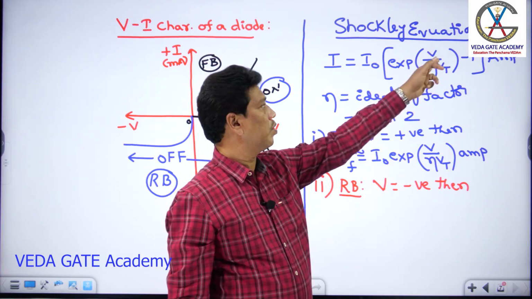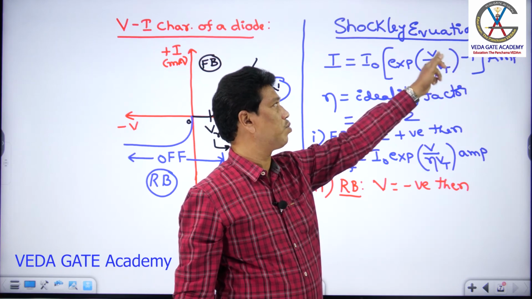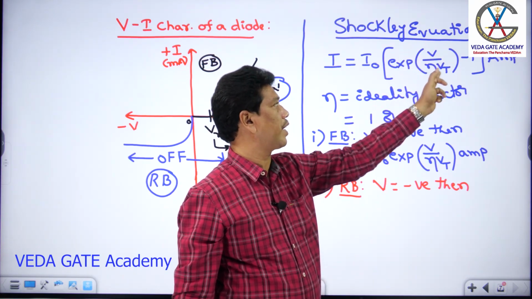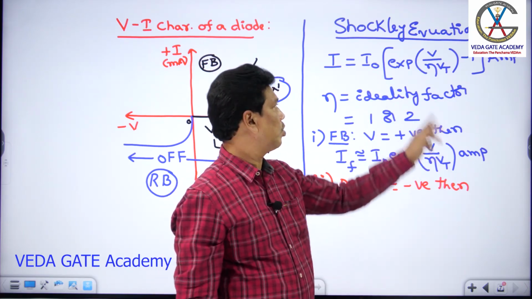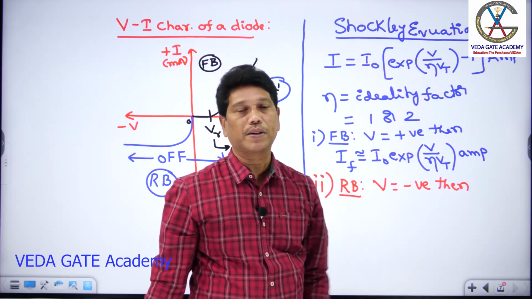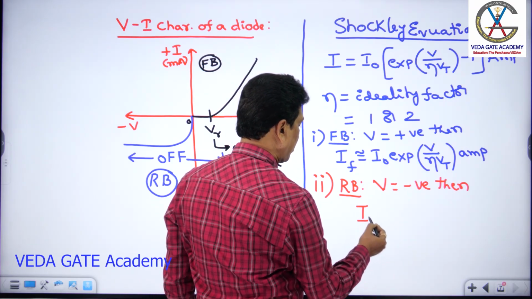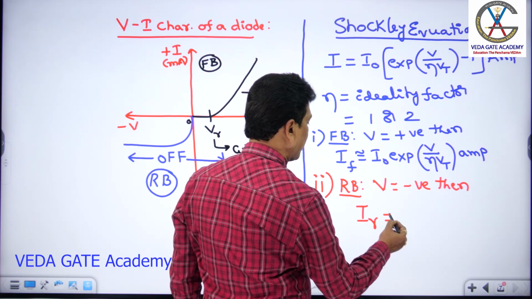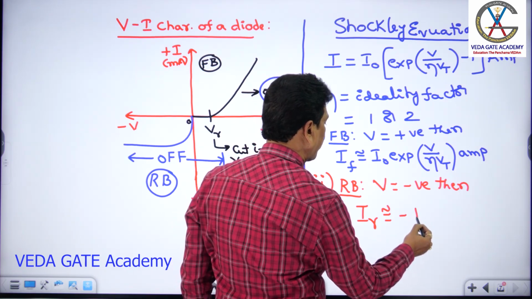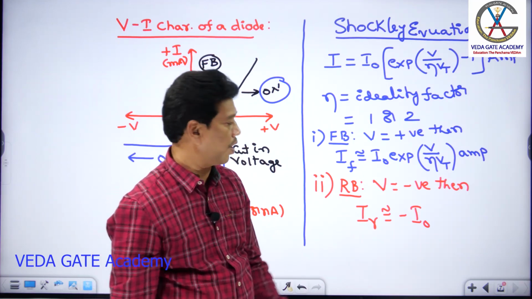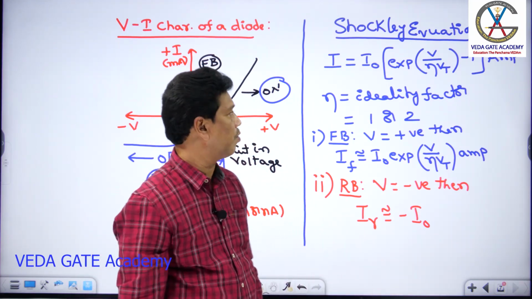Since the exponential value is greater than 1, 1 by the exponential value is negligible as compared to 1. So the exponential factor vanishes and I equals minus I naught. The current in reverse bias, IR, is approximately minus I naught, where the negative sign stands for the reverse bias condition.